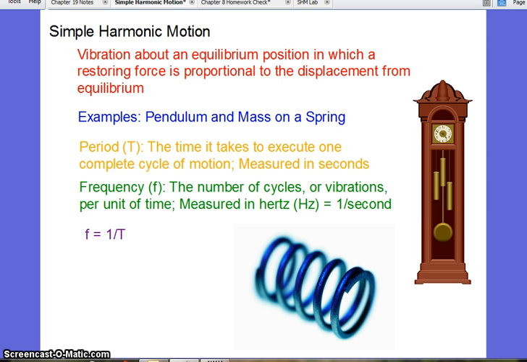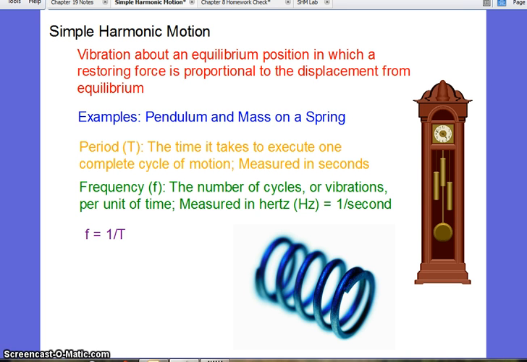We can also talk about the frequency, which is the number of cycles or vibrations per unit of time that occur. This is measured in hertz, which is an abbreviation of a cycle per second, or 1/seconds. So if I talk about that pendulum, it would be how many times does it go back and forth in 1 second.